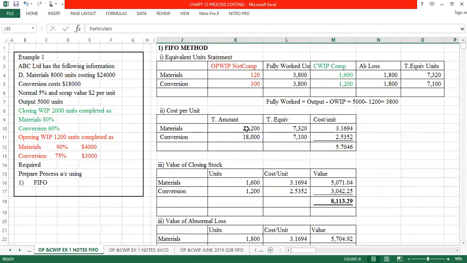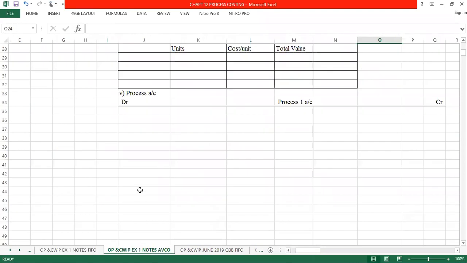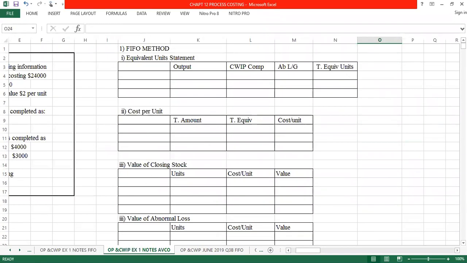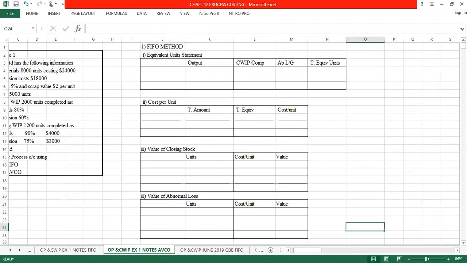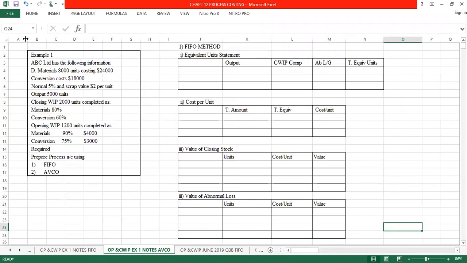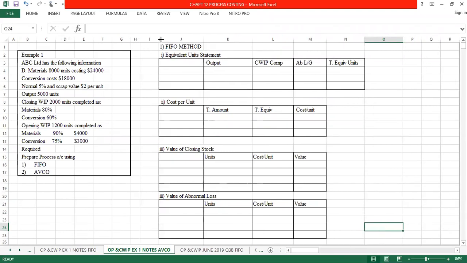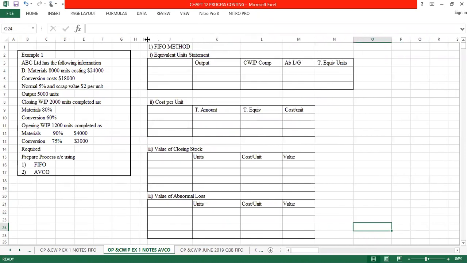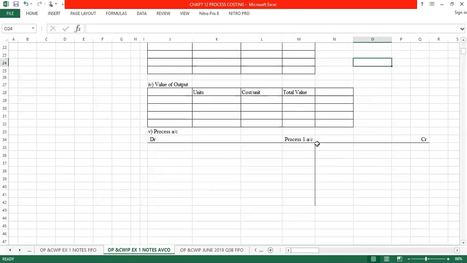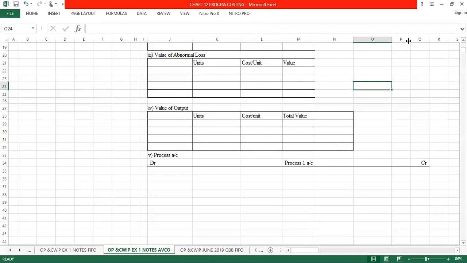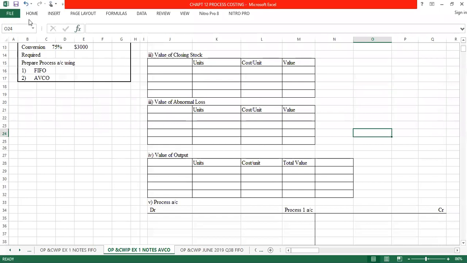We did it using FIFO. We want to repeat the same example, but now using the AVCO method. I'm just putting it so that everything fits in one without moving.